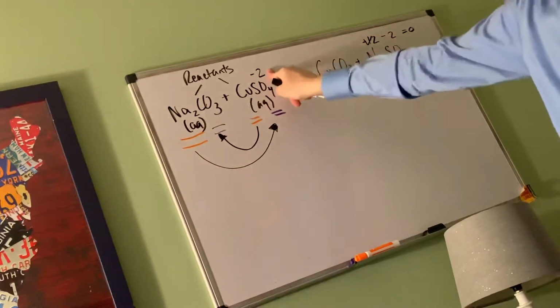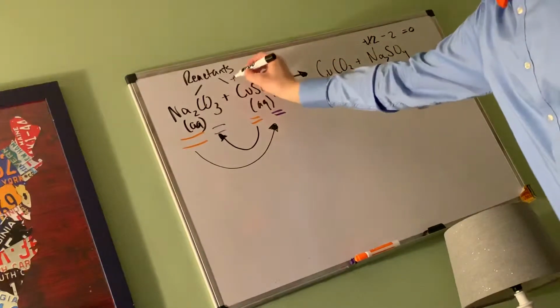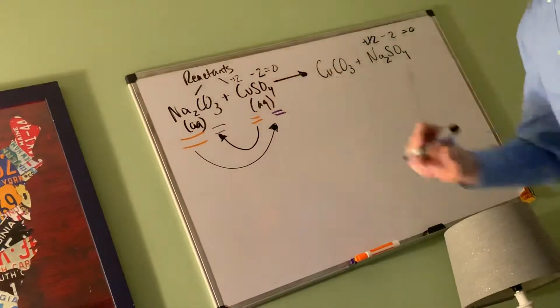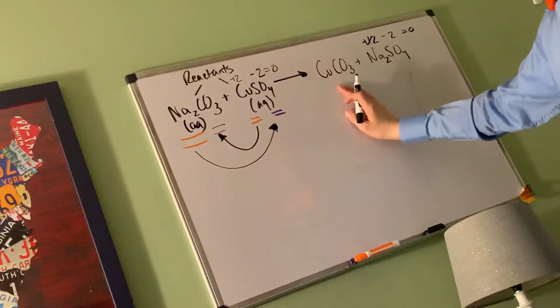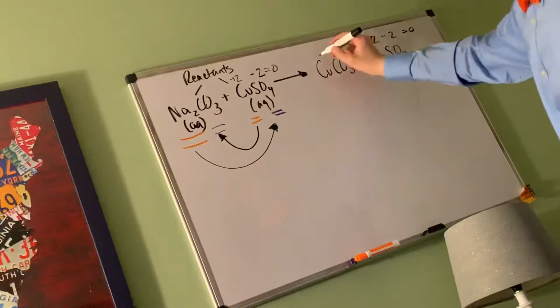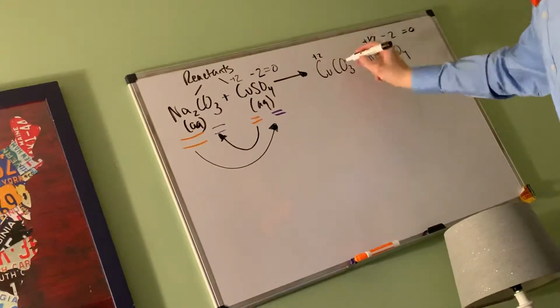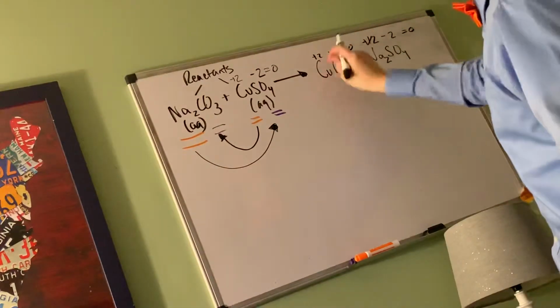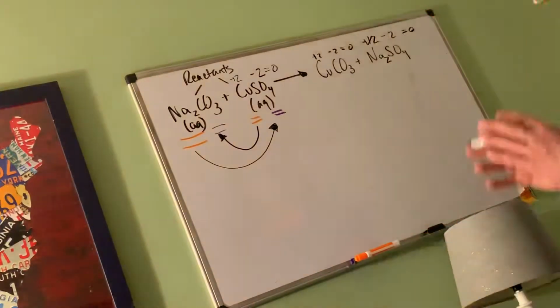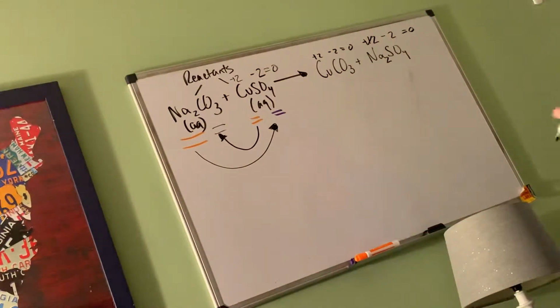If this is a -2, this has to be a +2, because it has to equal 0. Carbonate is -2. That equals 0. We're good. Everything's balanced.